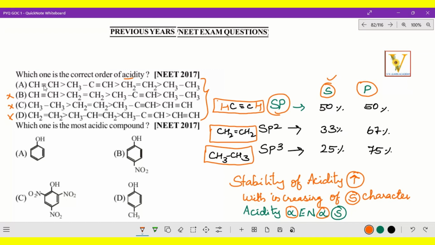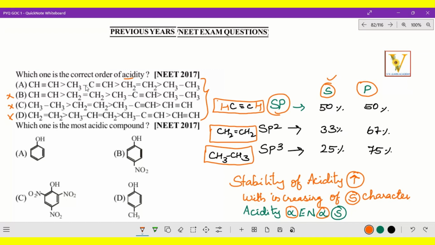Here they mention triple bond, and this is also triple bond, CH triple bond CH, and CH3 single bond C triple bond CH. So first we give priority to CH triple bond CH, and again triple bond is there. Why can't we bring it over here? Because here the triple bond is already the highest, and here single bond and triple bond.